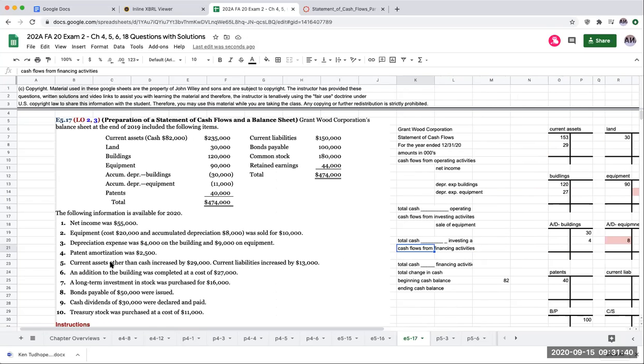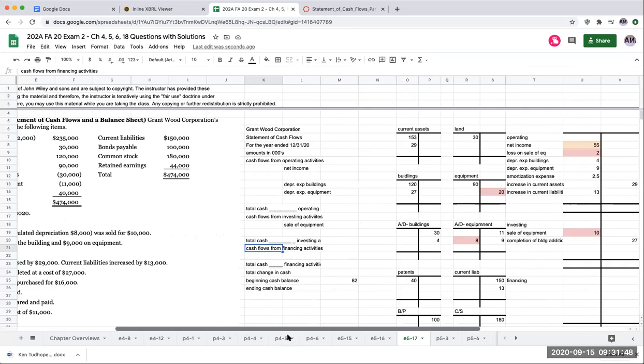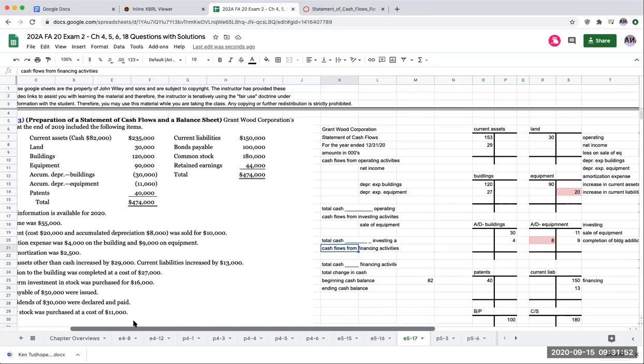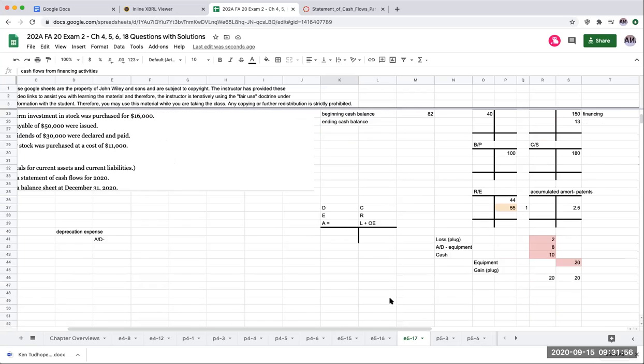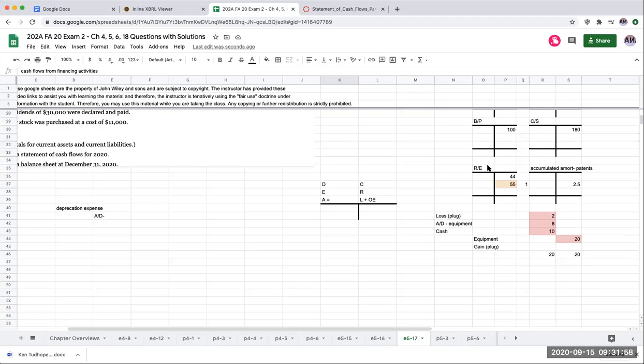Now I come over here and say that a long-term investment in stock was purchased for $16,000. So do I have an investment account? No, I get to create a new account. I'll put this down here.